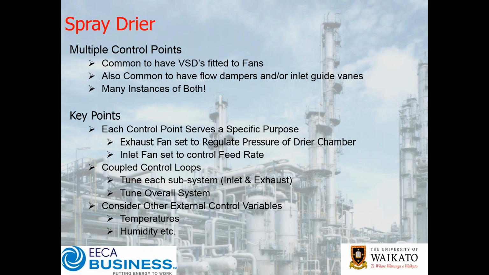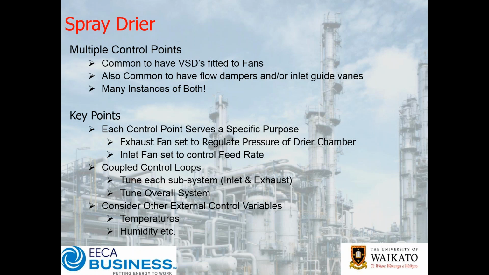It's very important that when you look at something like this that you understand that there is an overall system and then the individual system. So like the air heater will be a little subsystem that you might be able to optimize, but when you're doing that you need to keep an eye on what that may have in terms of an impact on the overall system. So the other thing to think about is you might have other external control variables that may actually not be under control.